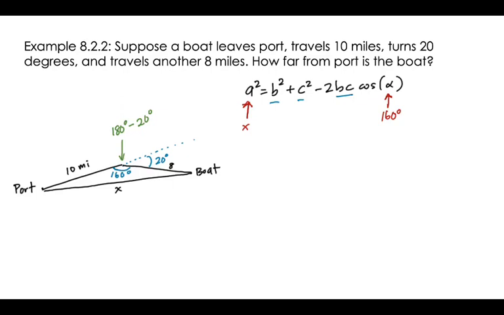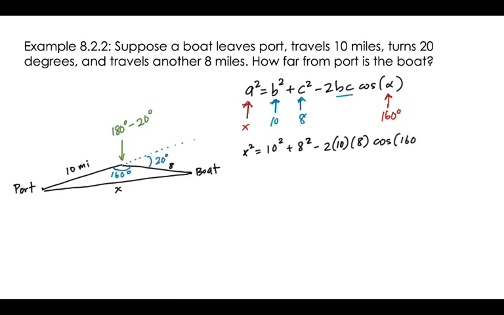So the other two are my 10 and my 8, and it doesn't matter which one's B and which one's C. So X squared equals 10 squared plus 8 squared minus 2 times 10 times 8 times cosine.